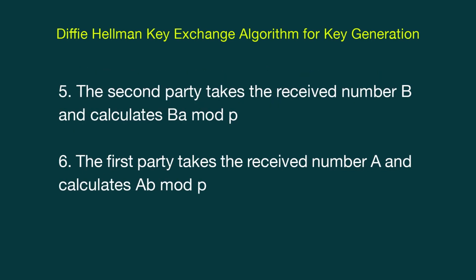The second party takes the received number B and calculates B^a mod P. The first party takes the received number capital A and calculates A^b mod P. This is where it gets interesting.